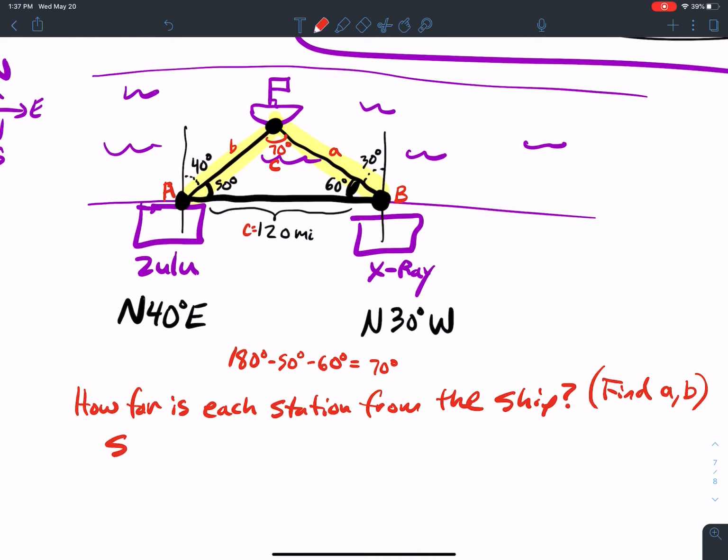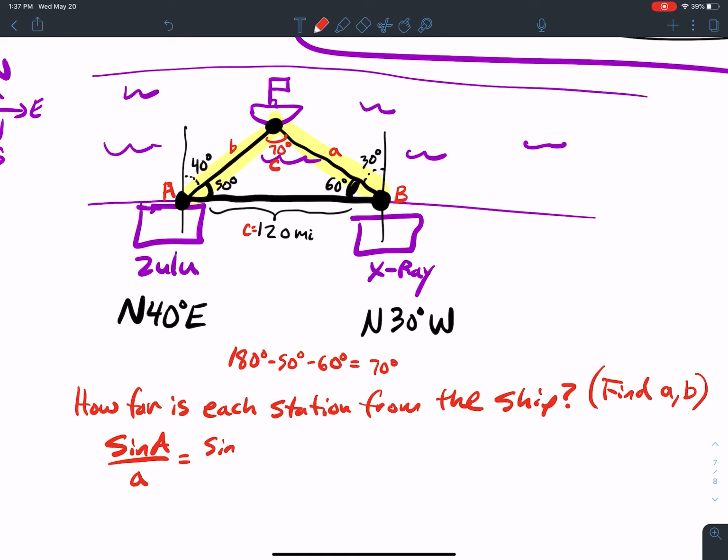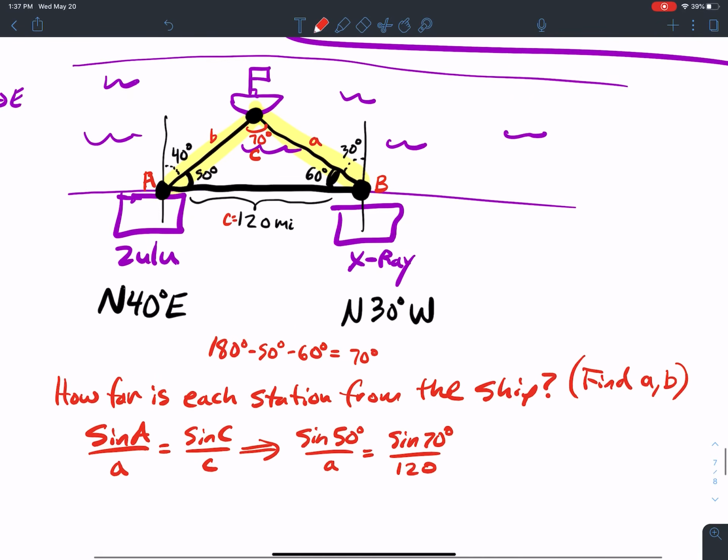All right, so the sine of capital A over little a equals the sine of big C over little c. That tells me the sine of 50 degrees over little a equals the sine of 70 degrees over 120.